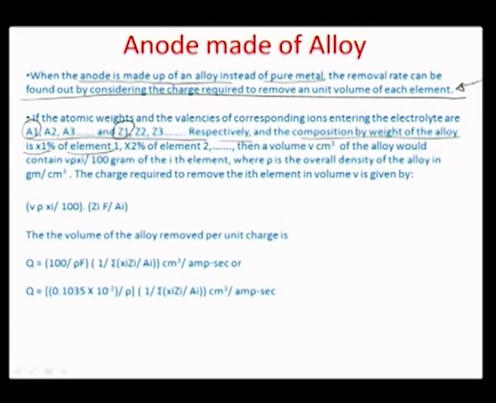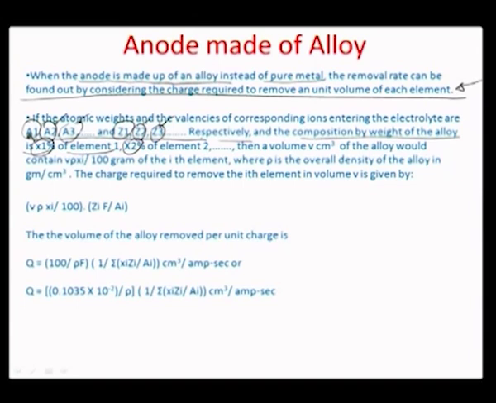So, this is the valency state which actually comes into question when this material gets removed from the particular electrode. The atomic weight A2 and its valency Z2, the atomic weight A3, its valency Z3, so on and so forth respectively, and the composition by weight of this alloy is maybe, let us say, x1% of A1, x2% of A2, x3% of A3, so on and so forth.